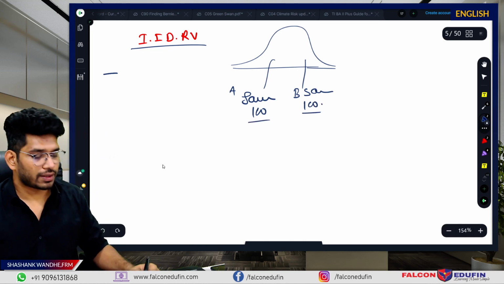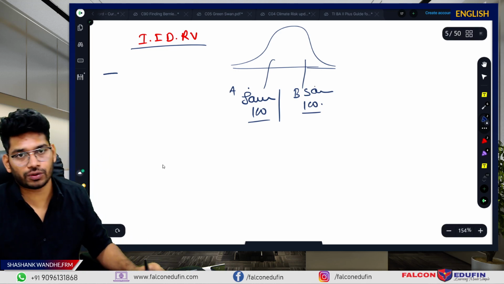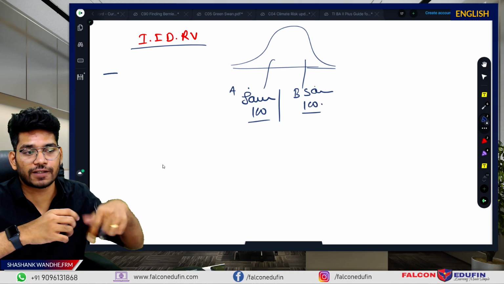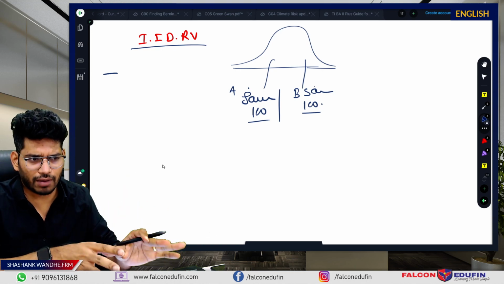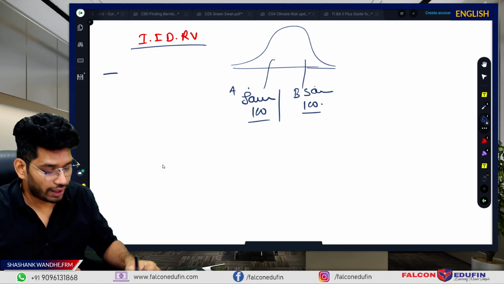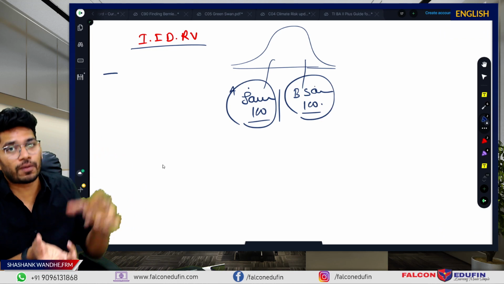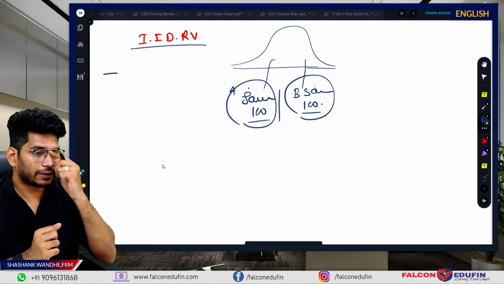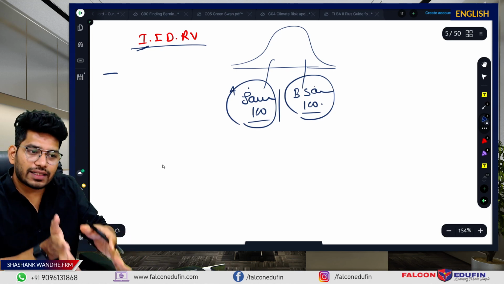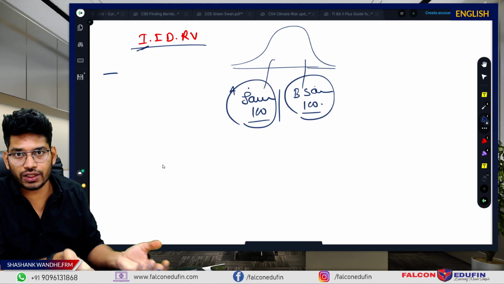If you take these as variable 1 and variable 2, you can clearly see, because you are drawing these observations from the same distribution, A and B are identically distributed. Next is independent. Is sample A independent of sample B? Yes, because it is not going to affect each other.